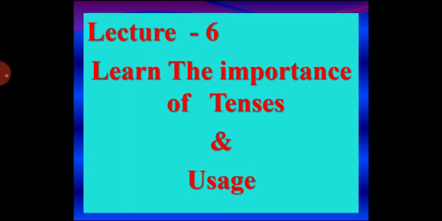So in the English language, especially those who like to speak English fluently, they have to follow two topics exactly. What are they? One is helping verbs, and the second one is tenses. So these helping verbs, not only learning them, but also structurally how we are going to frame sentences based on tenses.